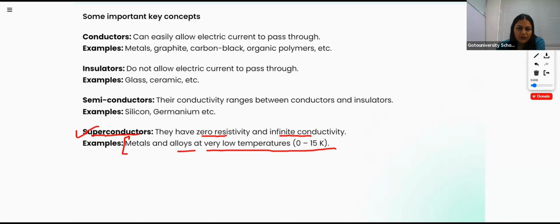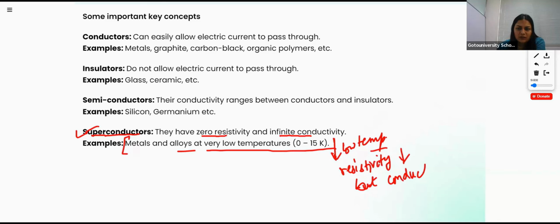At such low temperature, resistivity decreases, and as resistivity decreases, conductance increases. So that is why they start acting as superconductors.